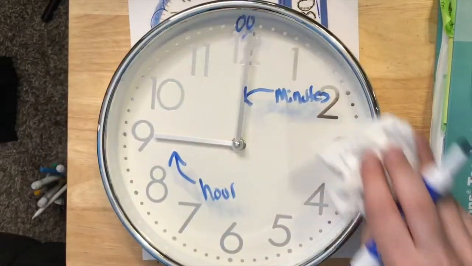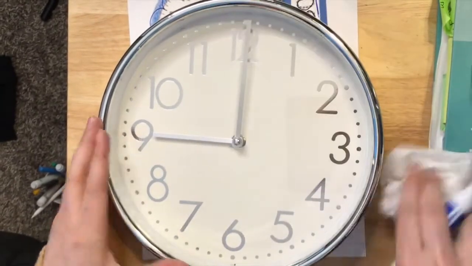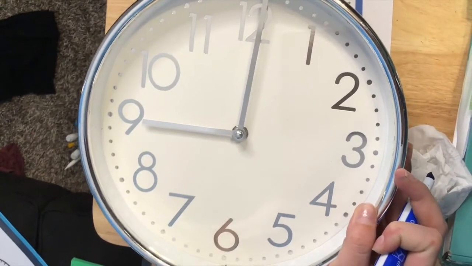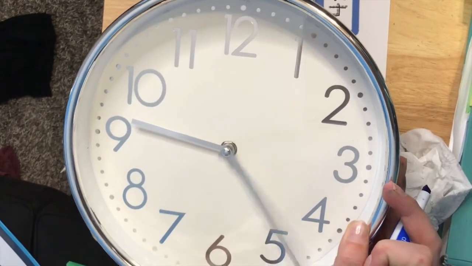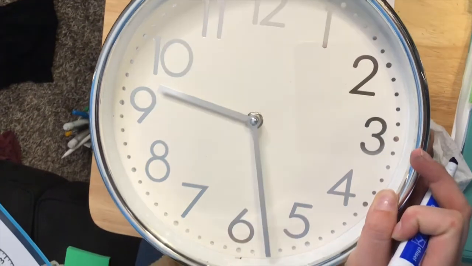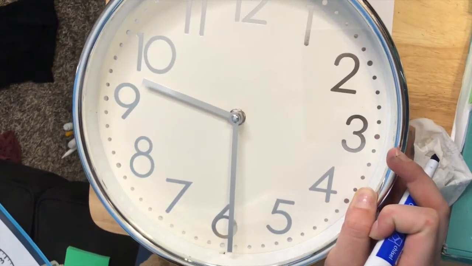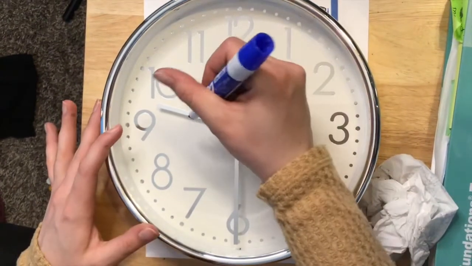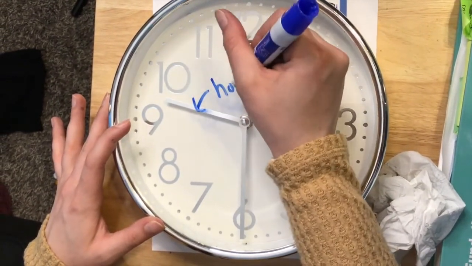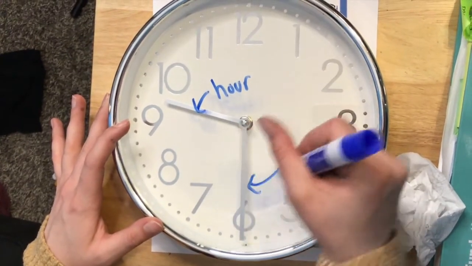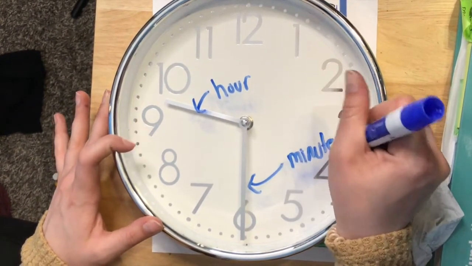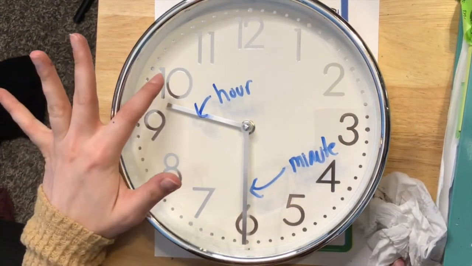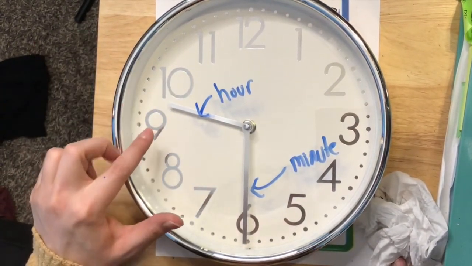Now, what happens if I were to move those? Pay attention to the shorthand that is moving as I'm moving the long minute hand. Now we look at this time. Again, looking at our shorthand, which is the hour hand, and our longhand, which is the minute hand, we're going to look at the shorthand first, and it is pointing in between the 9 and the 10, but it hasn't passed the 10 yet, so we're going to stick to 9 o'clock.